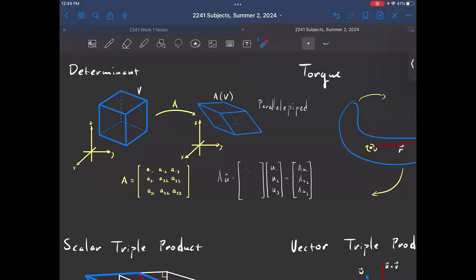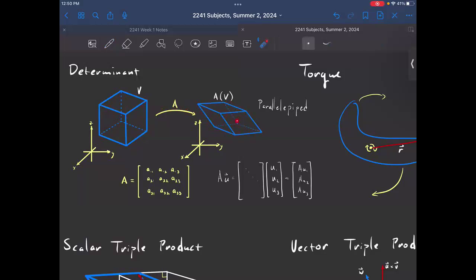And so what is the determinant measuring? It is actually measuring the area, or sorry, the volume of this new shape. So if we assume that this cube is a unit cube, it's got volume 1, then when we apply A to it, we get a new thing, a parallelepiped, and it has a different volume.